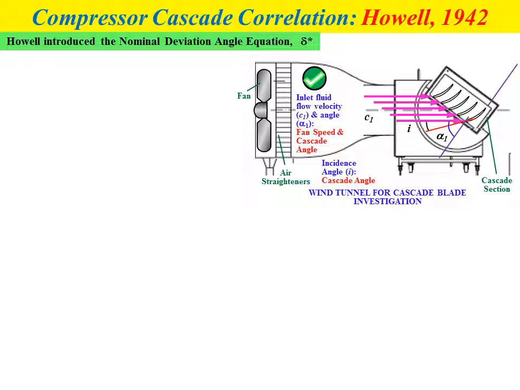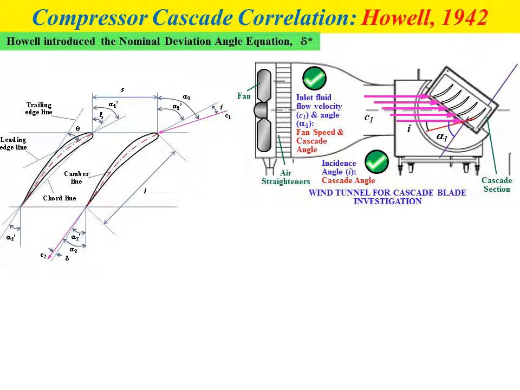If we want to change the value of the incident angle, we can change the cascade blade angle, which refers to the cascade section angle. And normally we already know the value of the incident angle. So if you look at the schematic diagram of the cascade blade, the value of i, the incident angle, is controlled or determined by the designer or by the researcher.